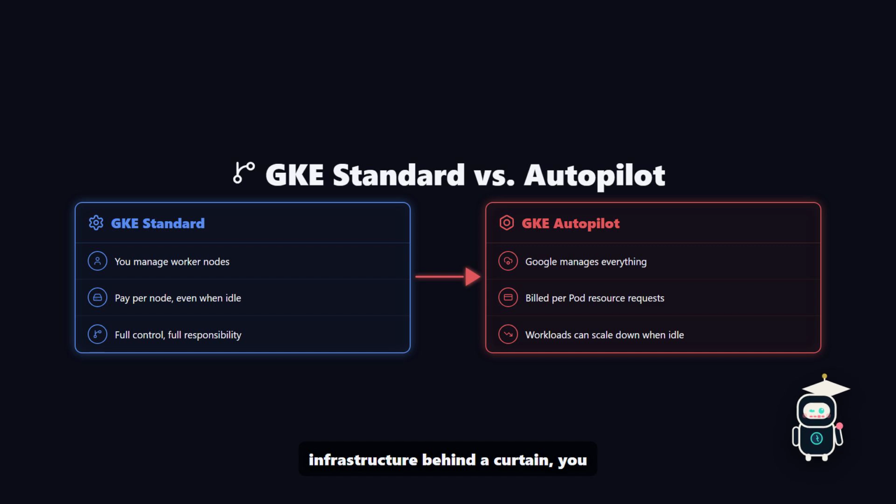You only specify pods, and you're billed based on the resources your pods request. And with proper configuration, your workloads can scale down when idle, potentially lowering your bill significantly. For most new workloads, especially API services, Autopilot saves you money and management headaches.